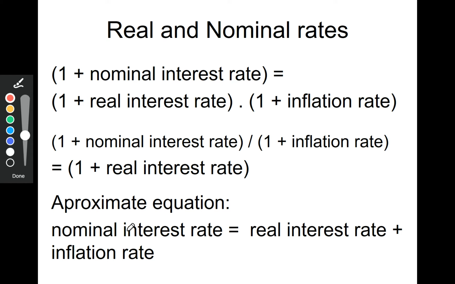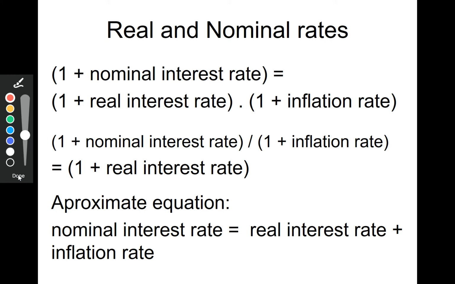In fact, it's a good exercise for you at this point to put a nominal interest rate of 4% here, write this as 1.04, and write this as is, as an unknown, an x, and here write 1.01. And then solve this equation for the real interest rate and see how much your answer is different from 3%.